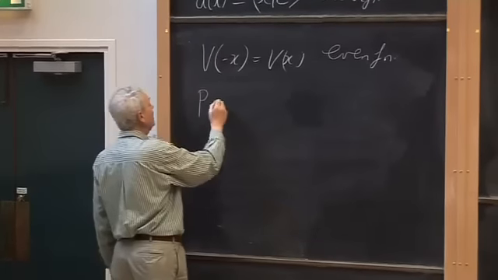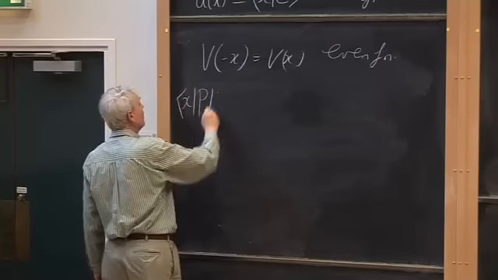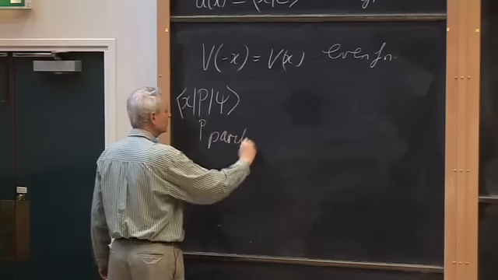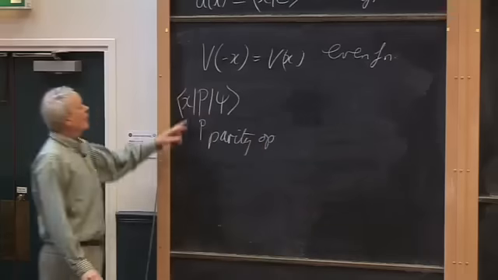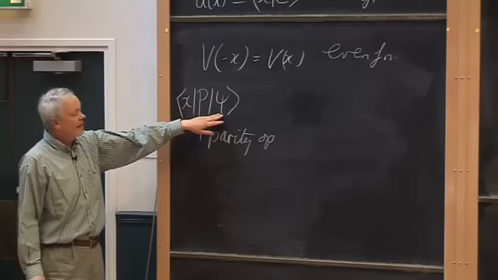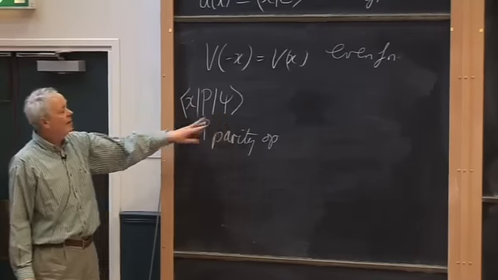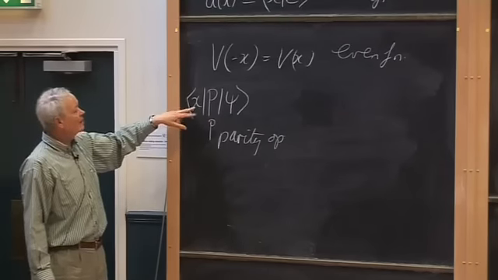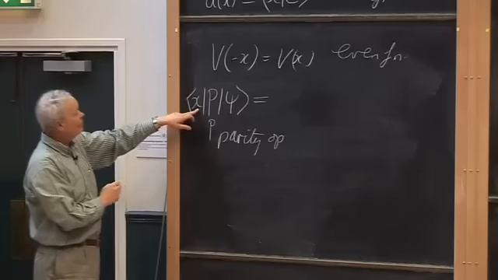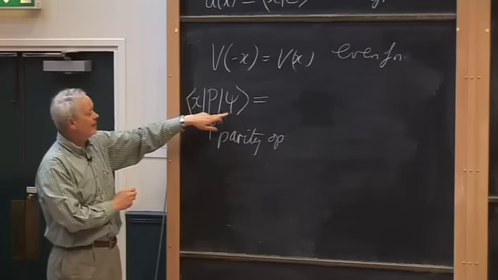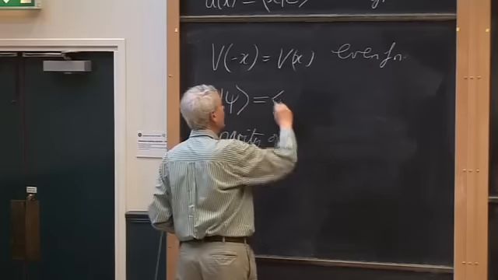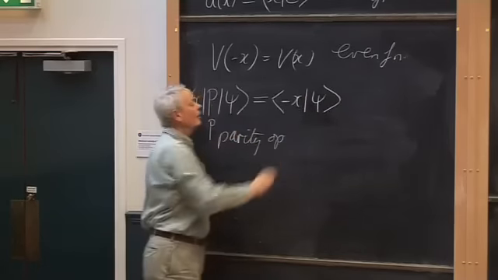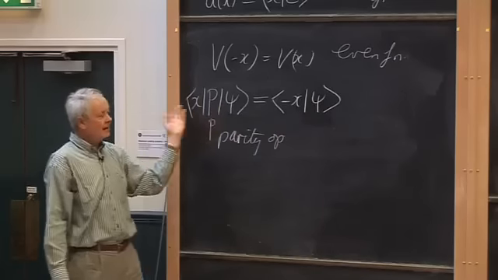P is an operator, the parity operator, which makes out of a state psi the state that has amplitude at x equal to the amplitude to be at minus x in the state psi.